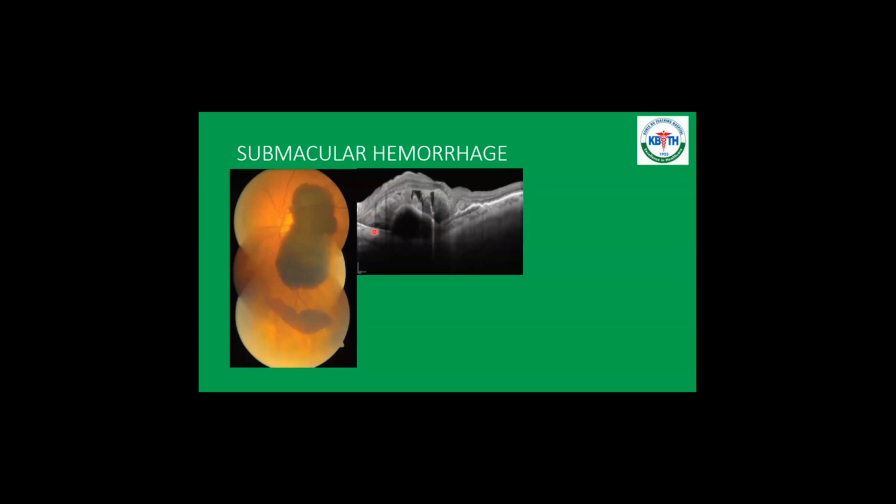One way to displace this blood from the macula is to do vitrectomy, inject tissue plasminogen activator, then you do fluid air exchange, inject your gas, and then position them prone, and then it will lead to displacement of the blood.